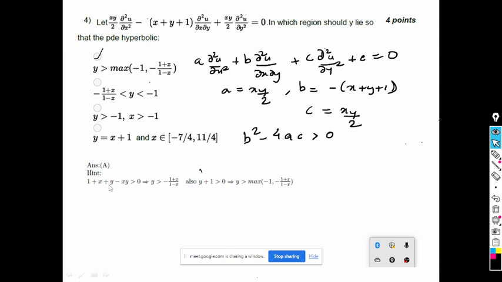How will you get it? Just put the value of del u by del t. We have to do it with forward difference. The formula for forward difference is u_i^(n+1) minus u_i^n upon delta t, and that equals alpha times del square u by del x square.